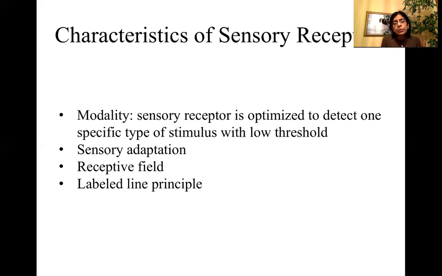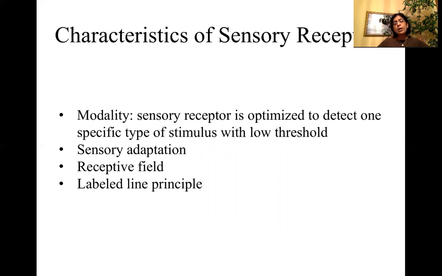So you would expect that the skin area a touch receptor in the fingertip handles is going to be very, very small compared to the receptive field a touch receptor would have in locations such as the neck or the arm or the trunk.